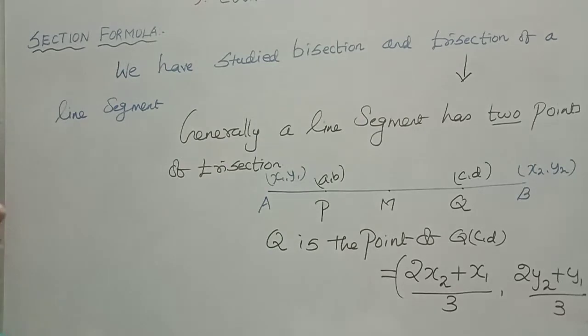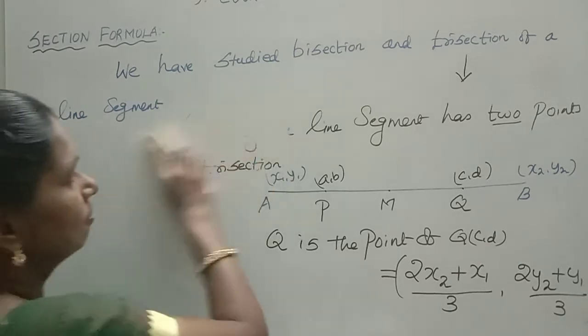This we have discussed in the last week of our class. This week we are going to discuss the section formula, where a line segment is divided in the ratio r:1.